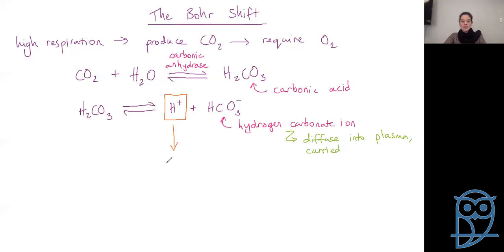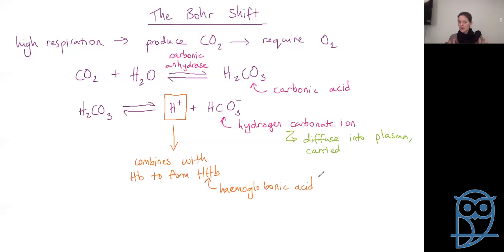Okay, this hydrogen ion combines with the hemoglobin to form HHb, which is hemoglobinic acid. So the hemoglobin actually sort of says, woohoo, I don't want this oxygen anymore. I want that hydrogen ion.